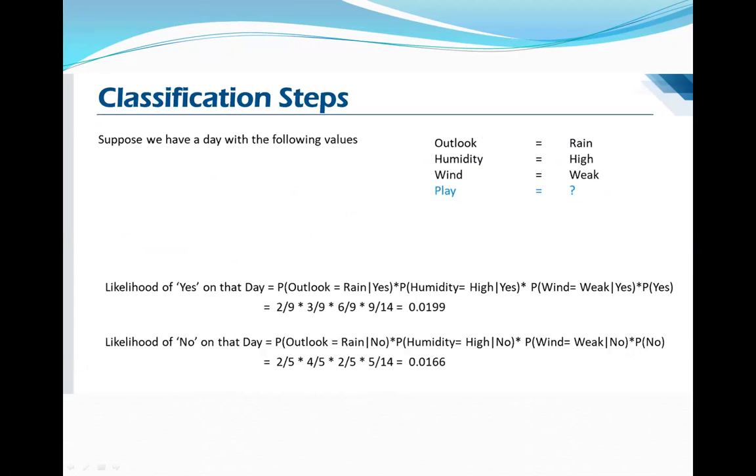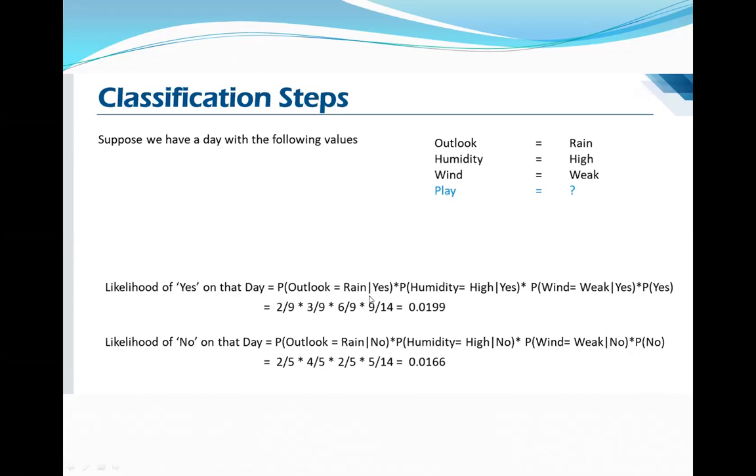How are we going to calculate this? Very simple. We know the probability of outlook for yes. It is two classes, right? Here I am going to calculate for two classes. The probability of outlook equal to rain given yes. This is a conditional probability.